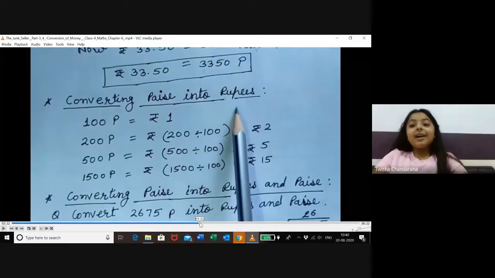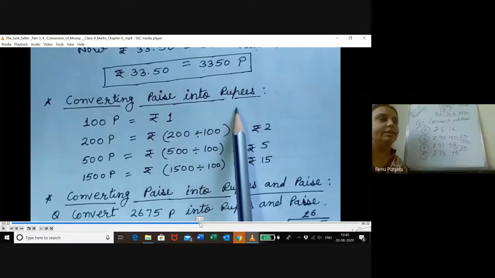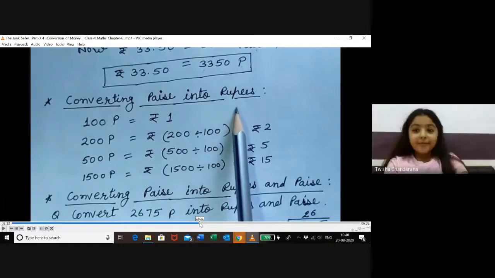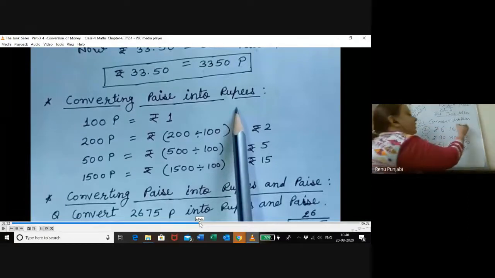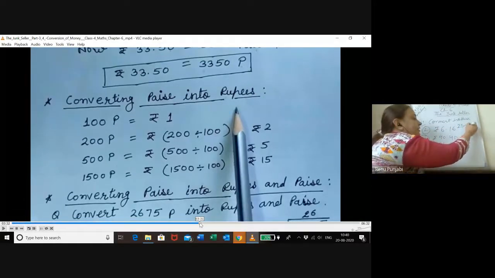If it's 250, where will you put the decimal? You have to divide it by 100. So when you divide 250 by 100, you have to put the decimal.